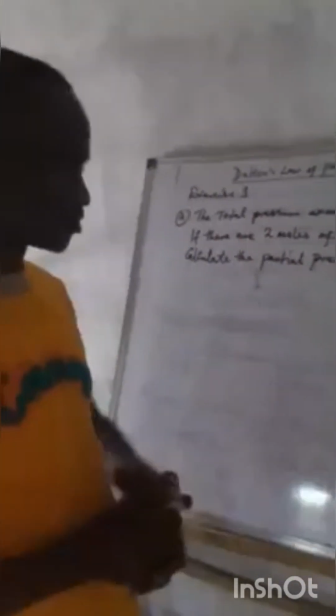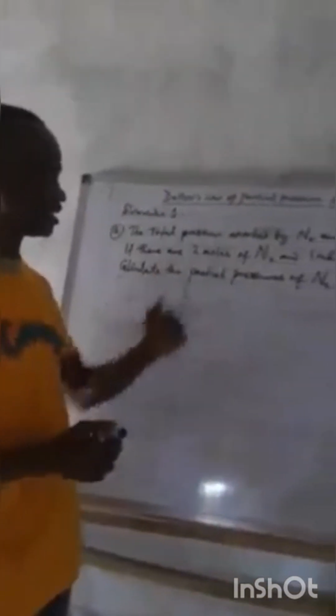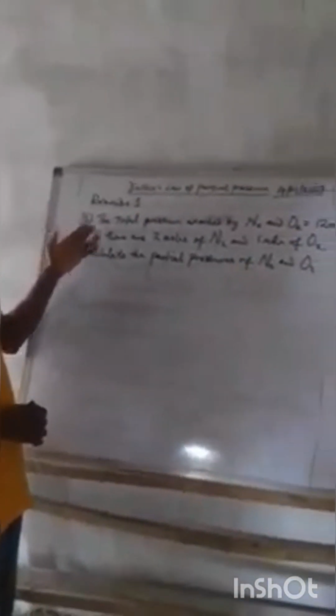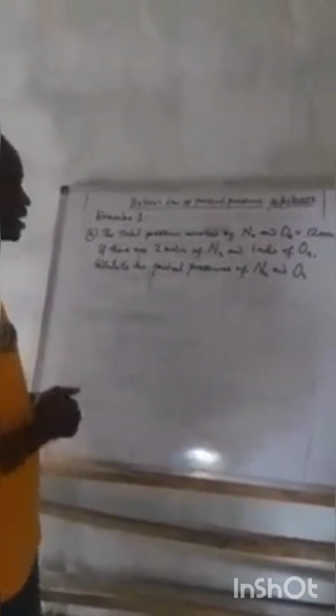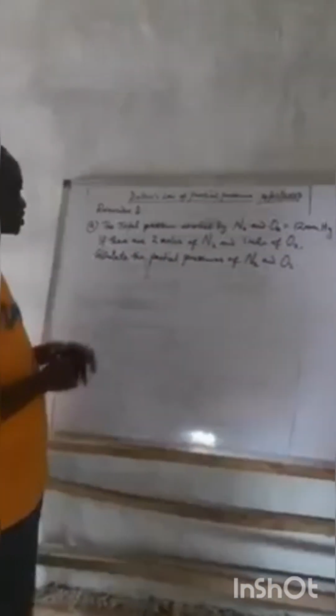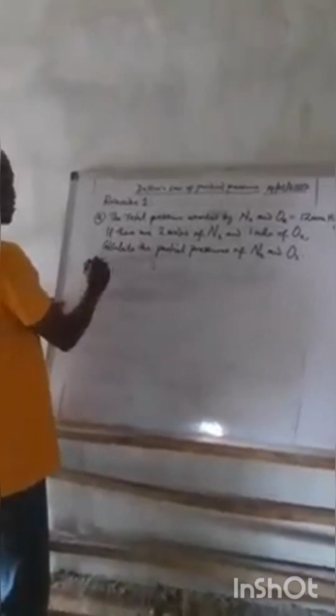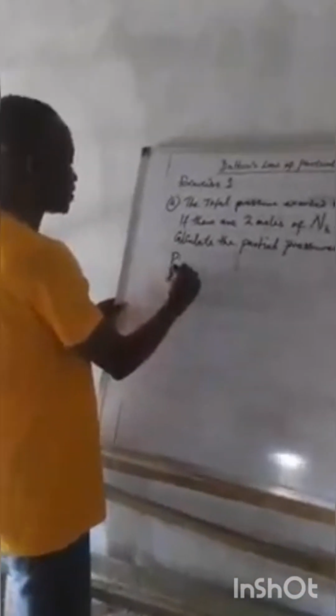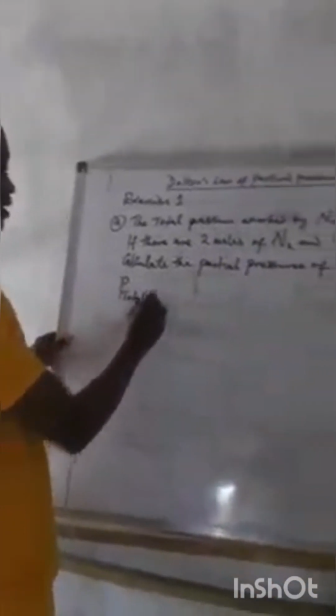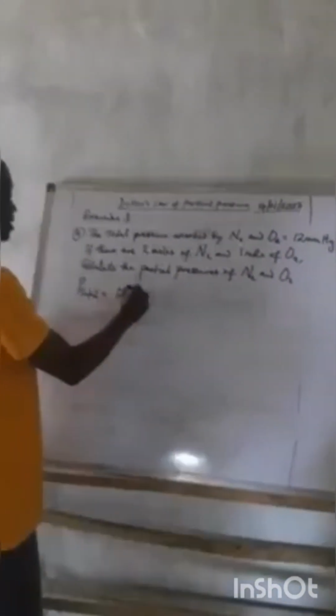It says the total pressure exerted by the 2 gases, nitrogen and oxygen, is 12 millimeters of mercury. If there are 2 moles of N2 and 1 mole of O2, calculate the partial pressure of N2. So we have that PTotal from the question is 12 millimeters of mercury.